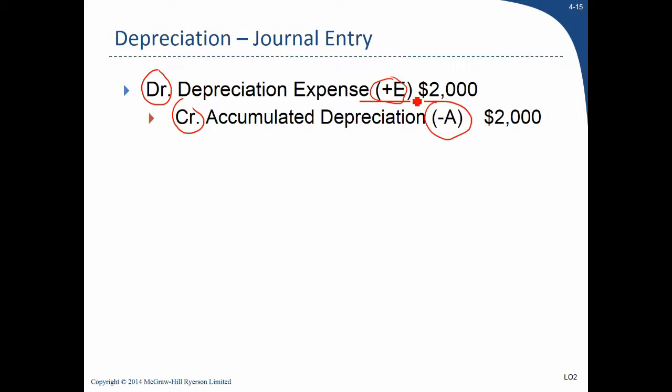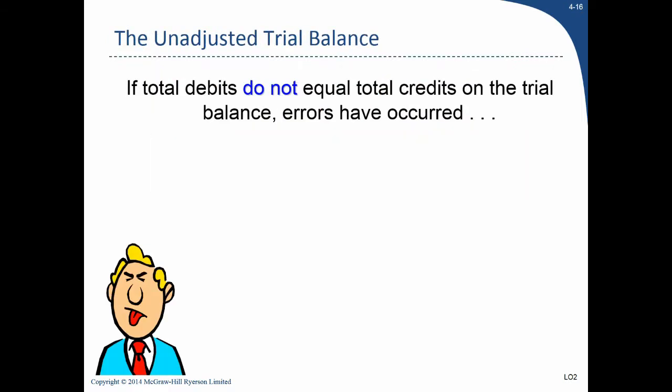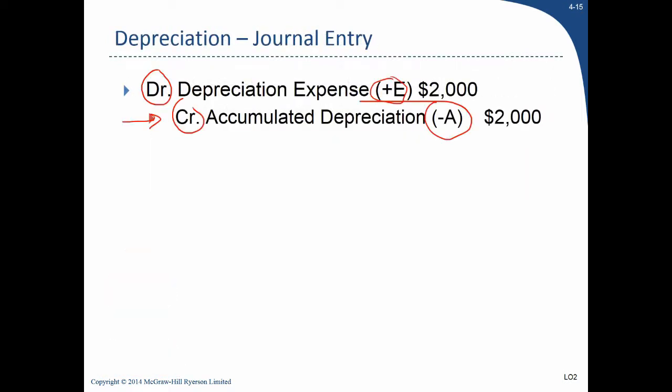Writing plus E minus A. And notice the indent, right? Now, in this case, credit accumulated depreciation, I put minus A. You might see the terminology plus XA, plus contra asset. Same thing.